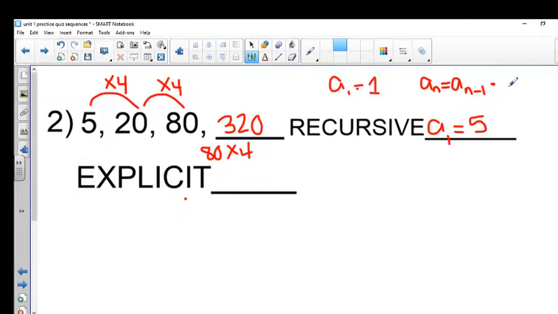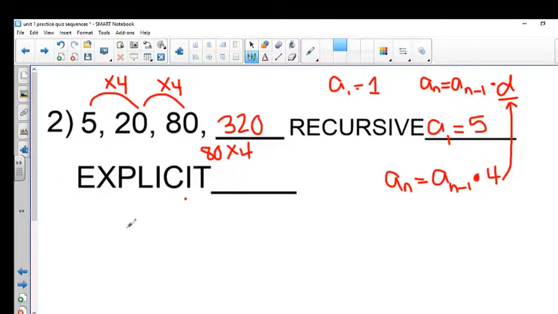I put a little dot for times d. So d is how we're going to go up or down. So you see your numbers getting bigger. So we know we're going up. So we write An equals A n minus 1 times, you know we're going up by 4. So that's times 4. So that's our d.